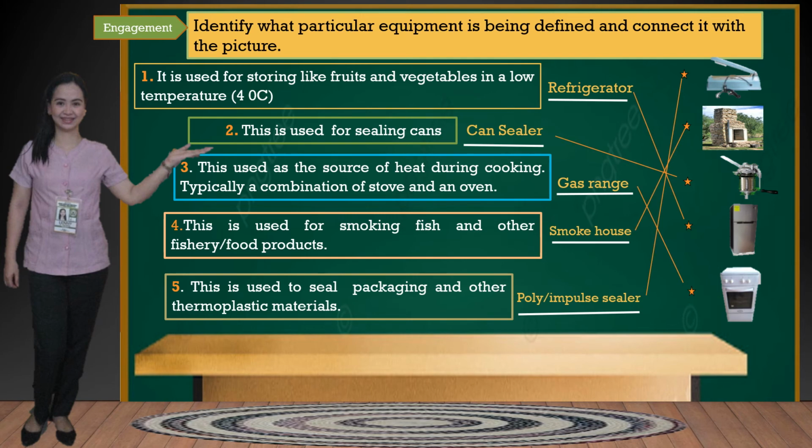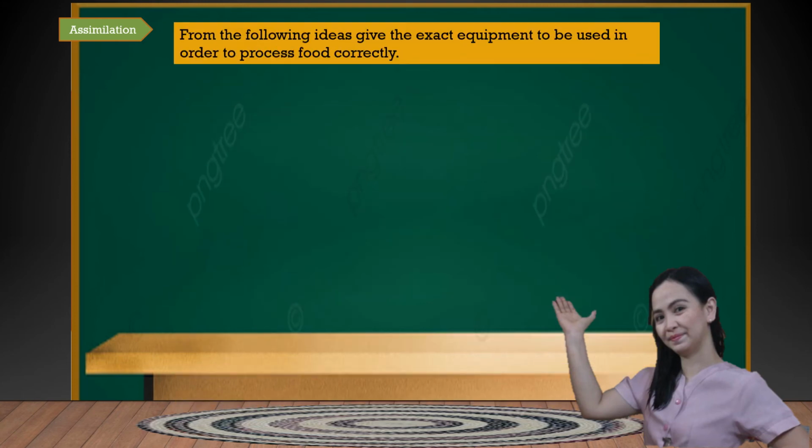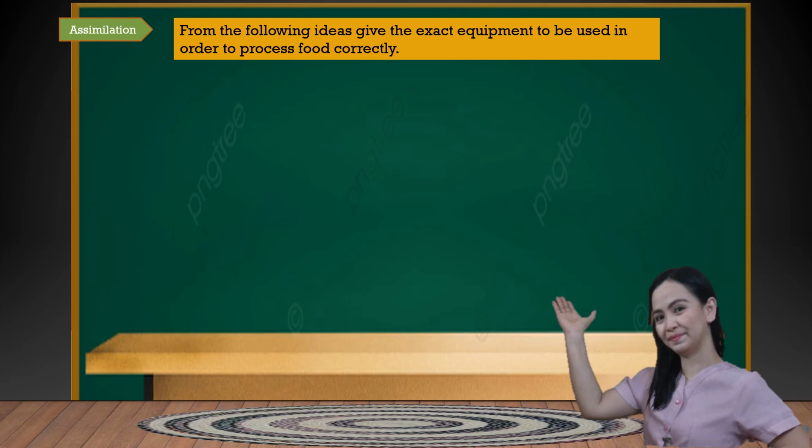Let's continue. Now in this part, you're going to allow yourself to form concepts if you are going to perform practical tasks in real life. From the following ideas, you will give the exact equipment to be used in order to process food correctly.